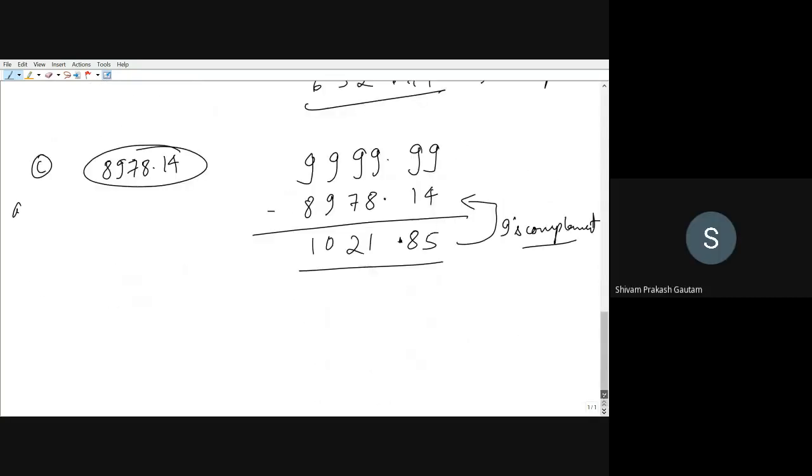Now nines complement we have seen. So we will see the tens complement representation of a number.